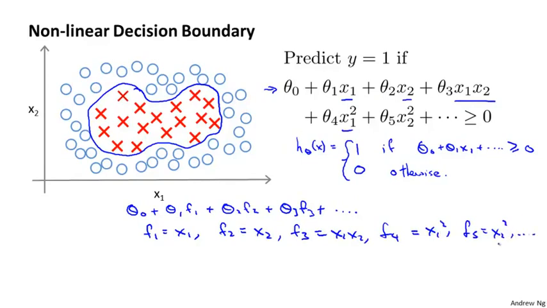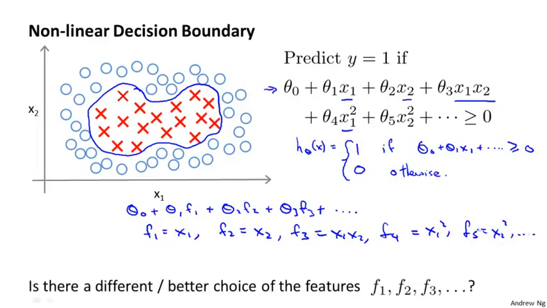And we've seen previously that coming up with these high order polynomials is one way to come up with lots more features, but the question is, is there a different choice of features, or a better choice of features than these high-order polynomials?